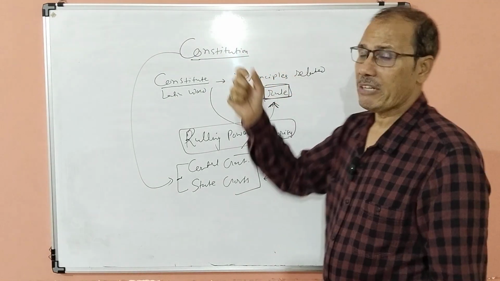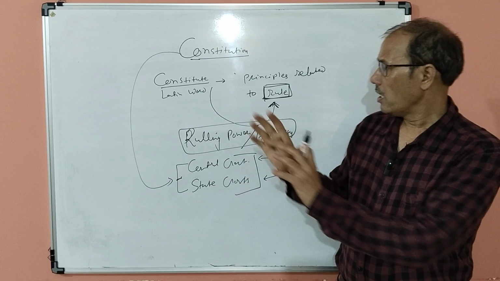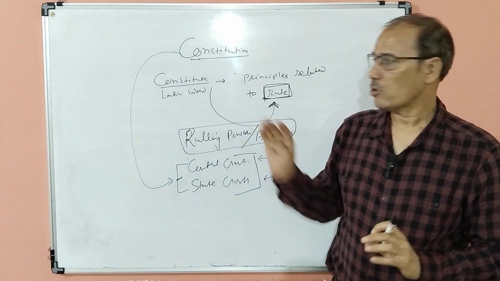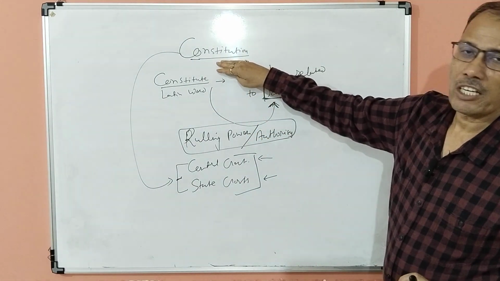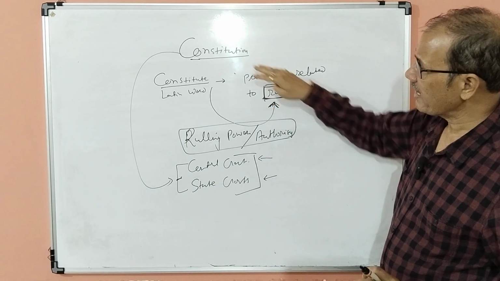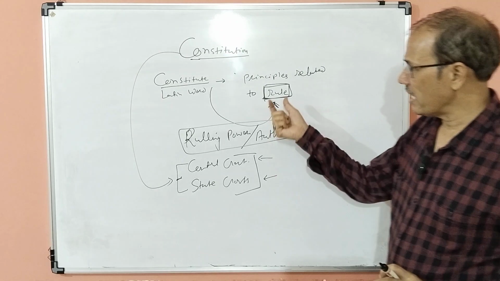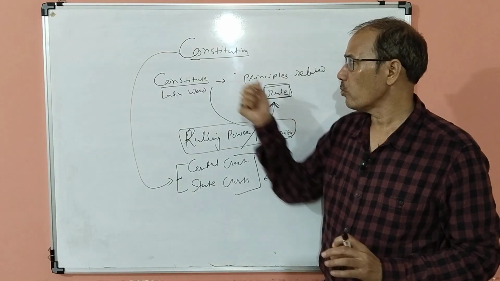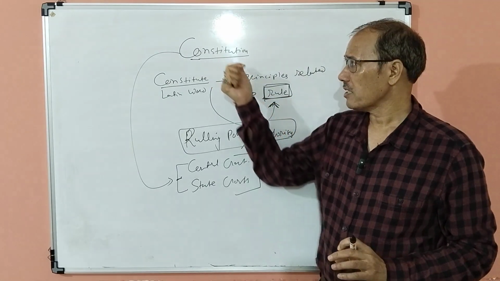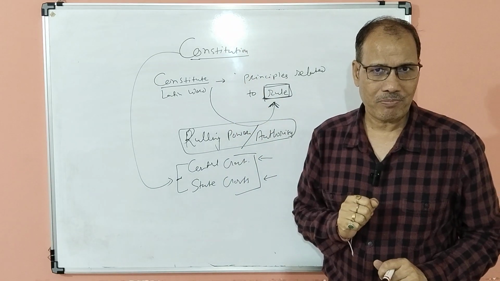Their authorities, their positions come directly from the constitution. So the constitution has an upper hand above all rules and regulations. Rules are subordinate to the constitution since they find their origin in the constitution. Okay, we can challenge a rule or legislation if there is no mention of it in the constitution.